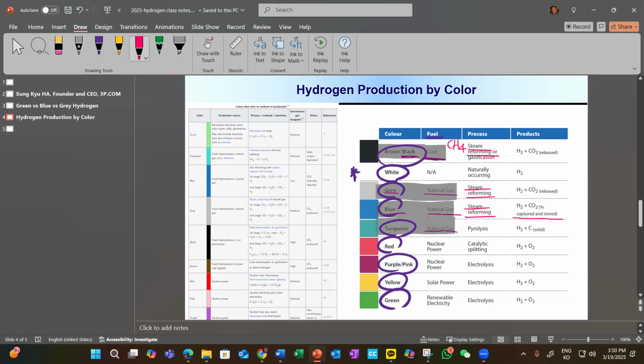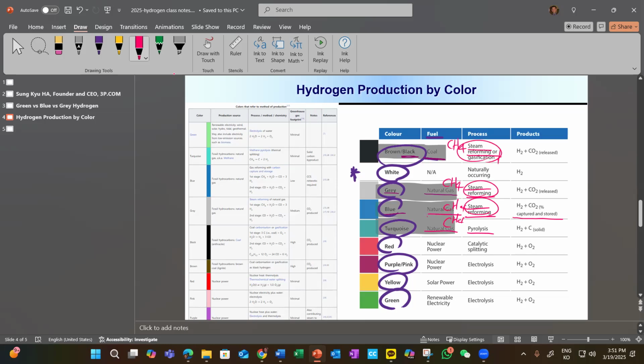Well, the other is called pyrolysis. Pyrolysis is usually adding a lot of heat, temperature, to split the CH4. So basically the source is all CH4, and this method is steam reforming.